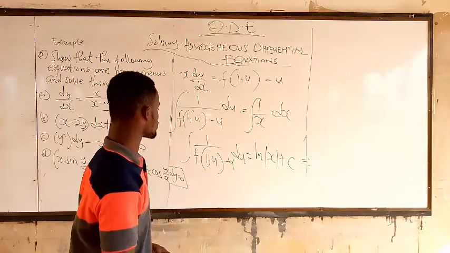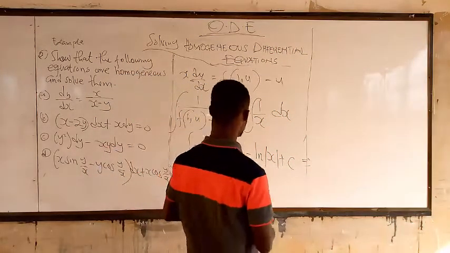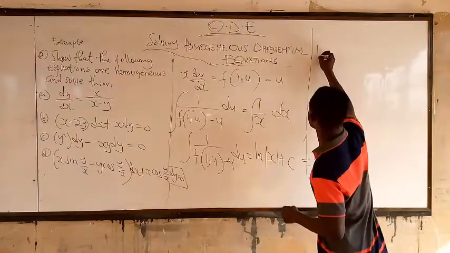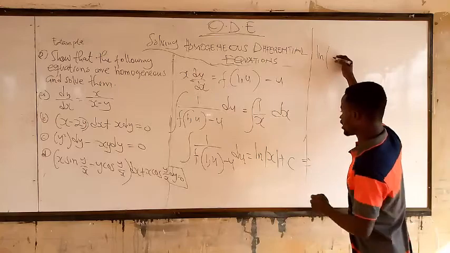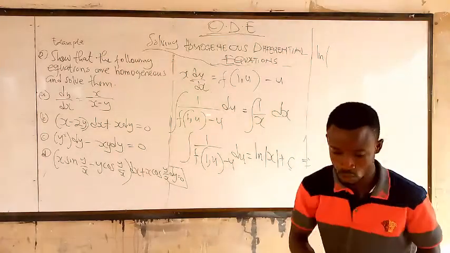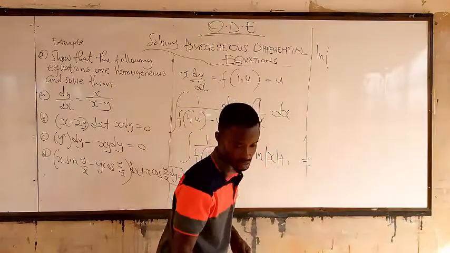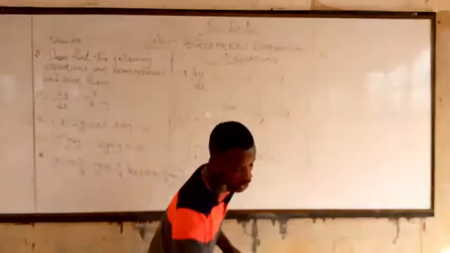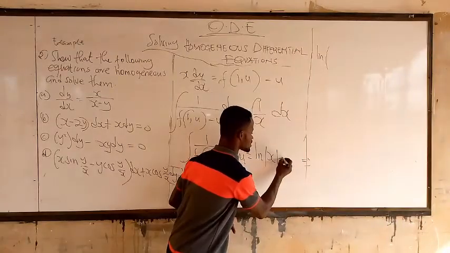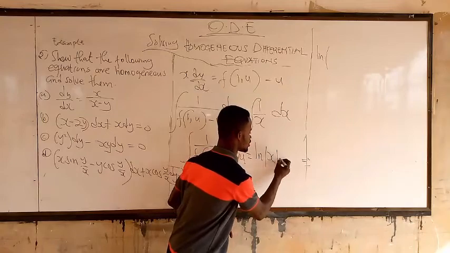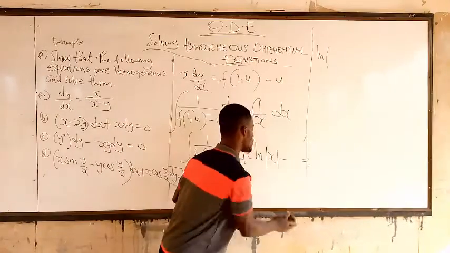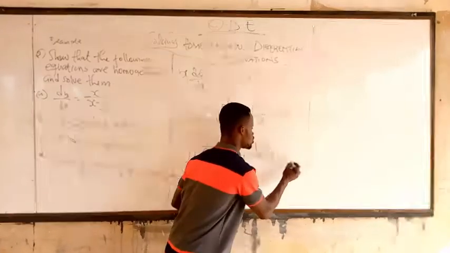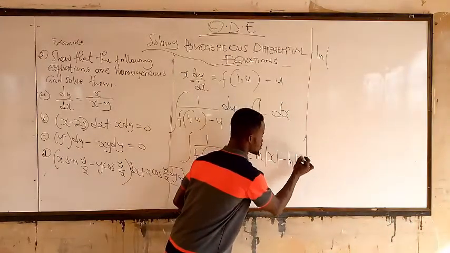Okay, let's move on. So we now have ln. Now let's change this constant to ln c. Whether plus or minus, it is still a constant, so I would like to let it be negative ln c.